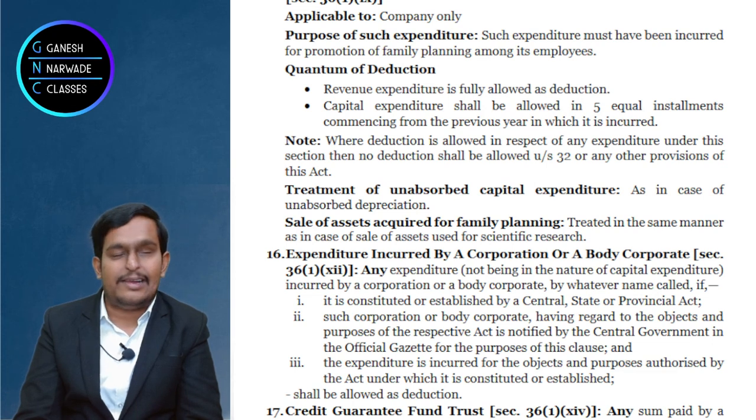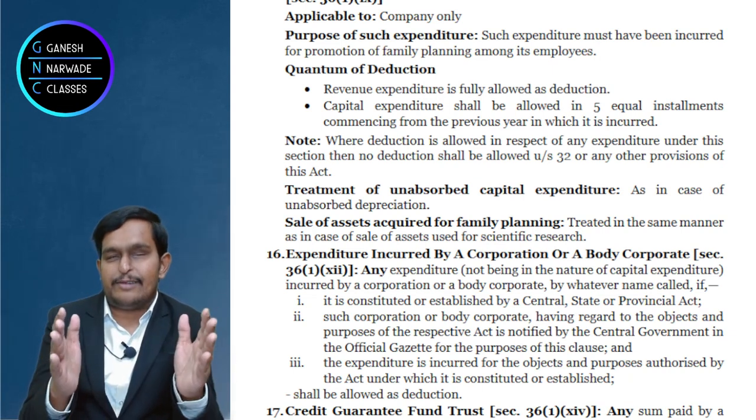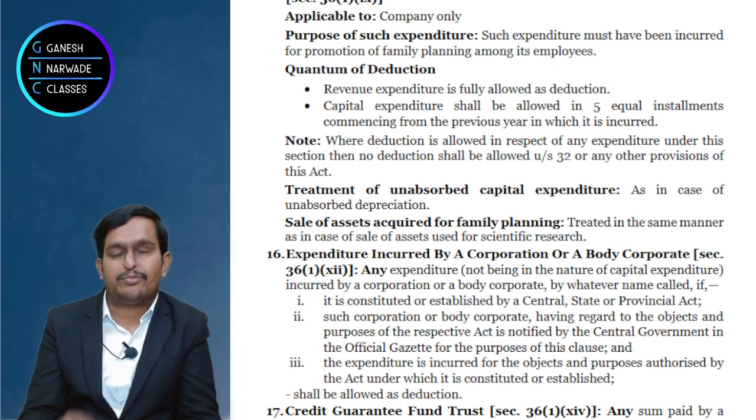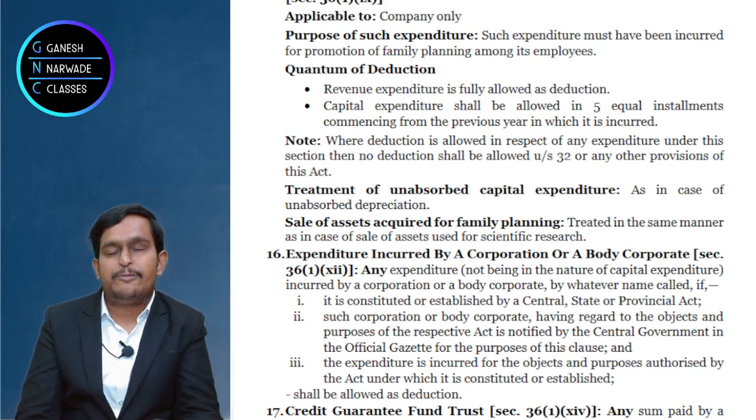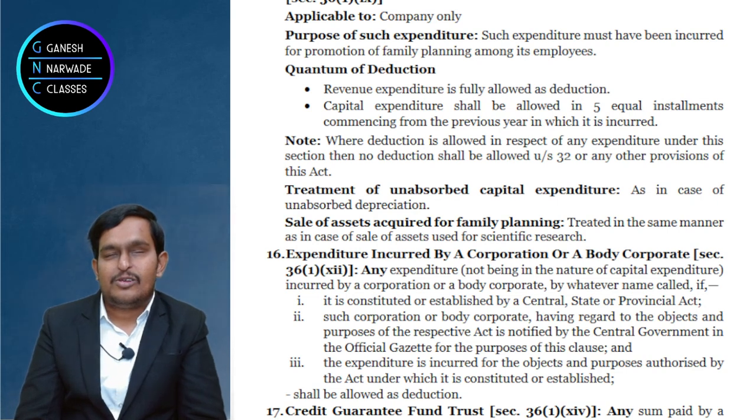Okay, right. Suppose this capital equipment or building, which you constructed for family planning, the capital expenditure which you incurred, if you sell such building or such plant and machinery, on the sale, how to calculate the income?